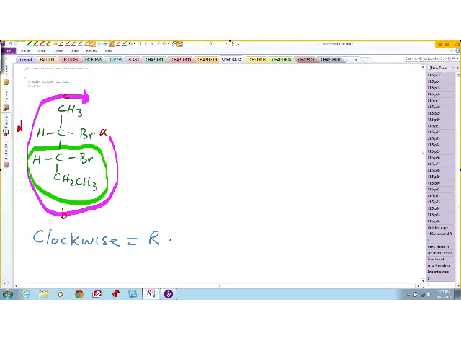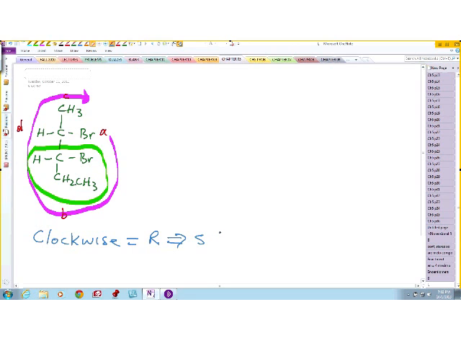Therefore, which is R. Therefore, take a look at the lowest priority group here. What is it doing? It's coming towards you. So do we need to make a switch? Yeah, we make a switch. Therefore, it actually should be S.